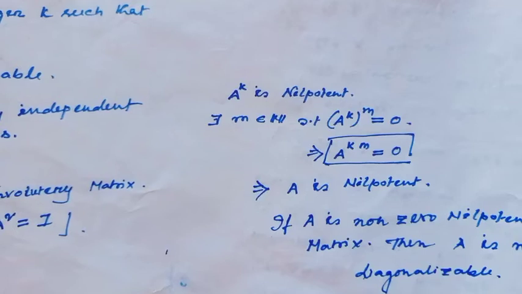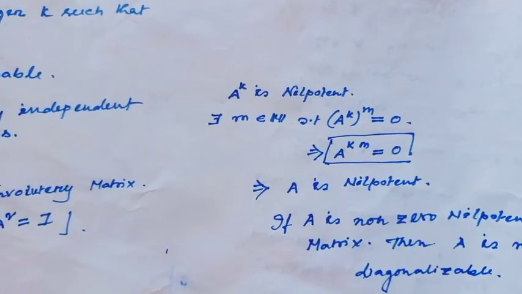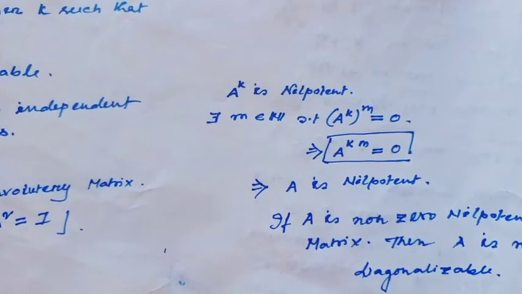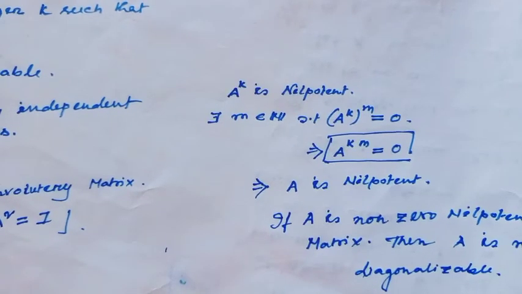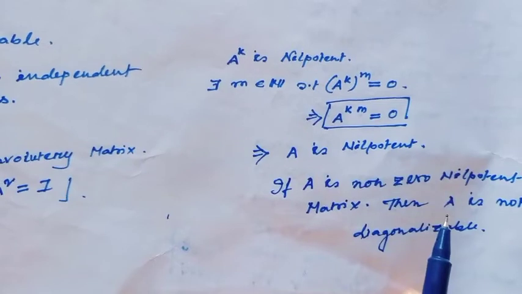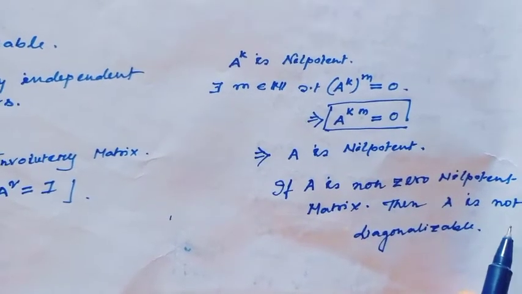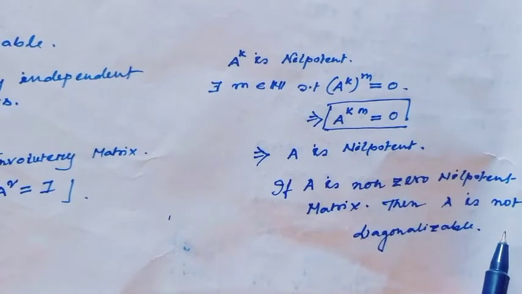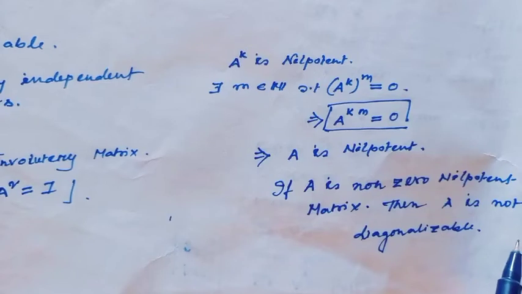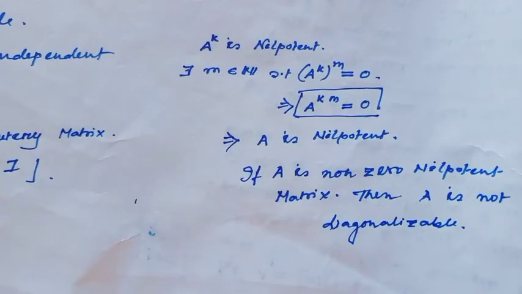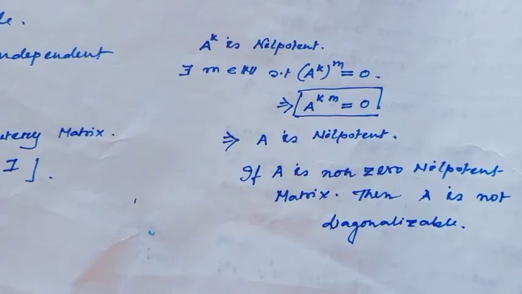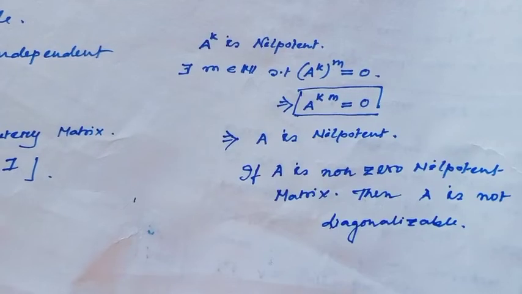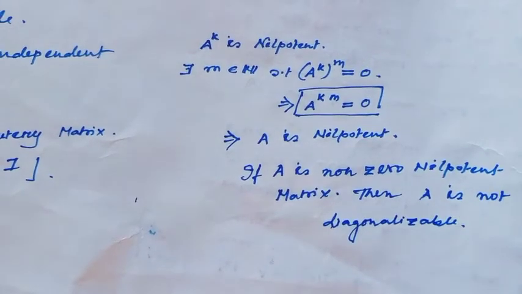And we all know a nilpotent matrix is diagonalizable only when the matrix is the zero matrix. So if we consider A a non-zero nilpotent matrix, then A is not diagonalizable. Are you getting? Because a nilpotent matrix is diagonalizable only when the matrix is the zero matrix.